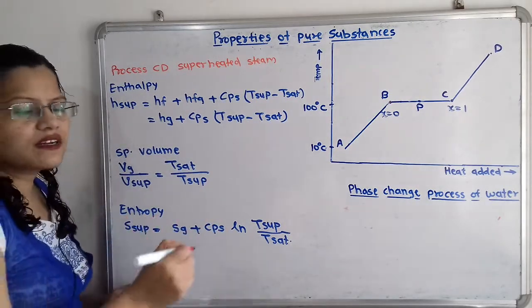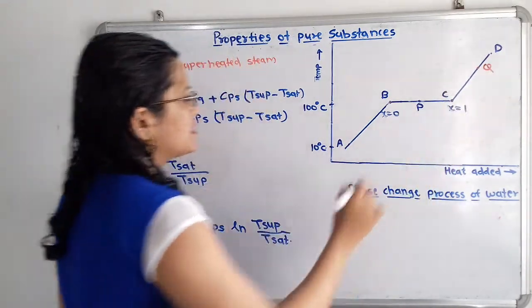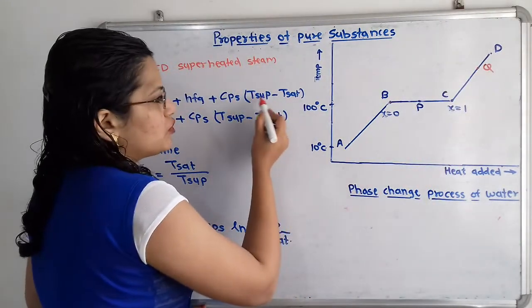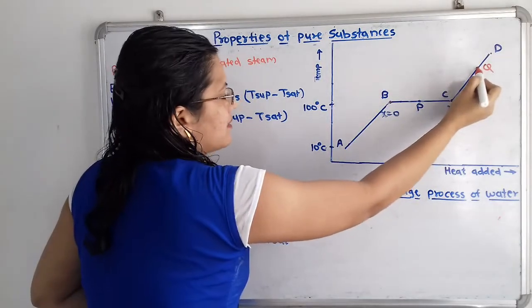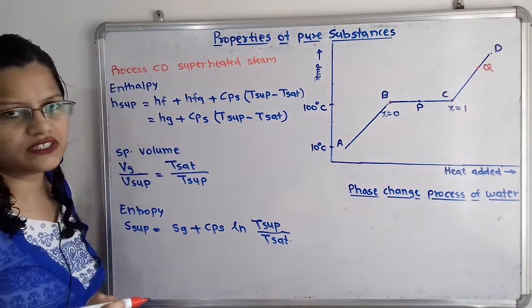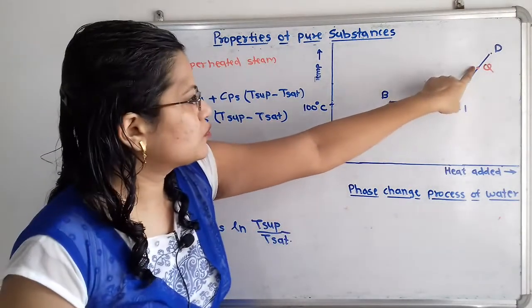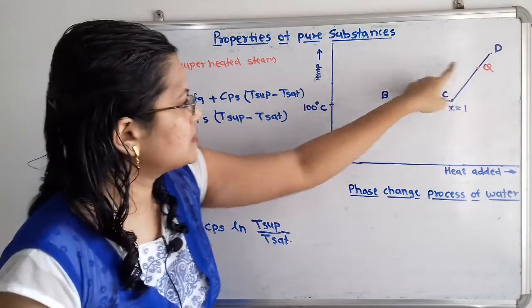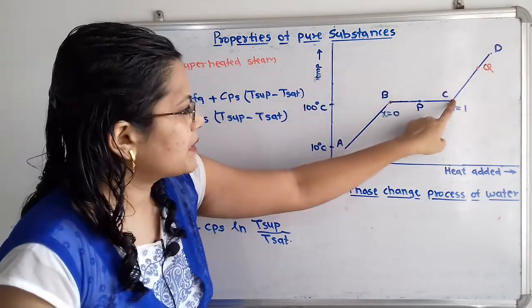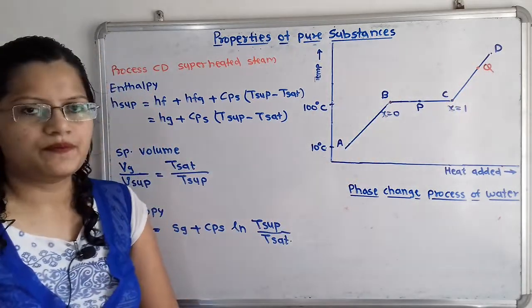Suppose we consider any point, that is the point Q on the superheated steam, then the temperature of the superheated steam at this particular point minus the temperature of the saturated steam. So we have to take the difference between this superheated steam temperature, that is known as T superheated, and the temperature for the saturated steam, that is here at point C.